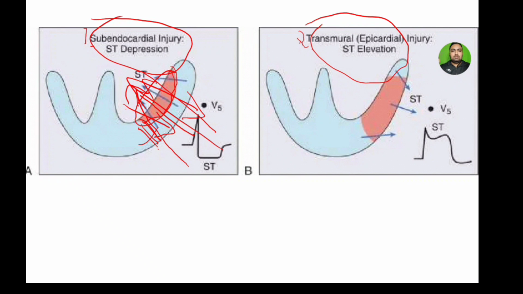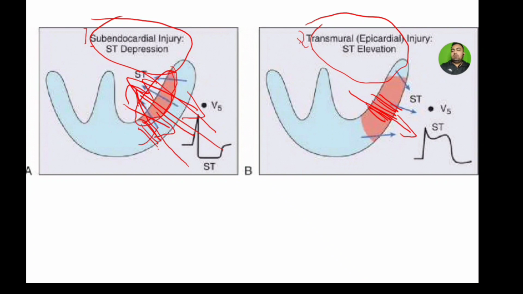What happens in transmural injury? The whole thickness of the myocardium is involved. This whole part is myocardium, and in such injury, the vector comes from inside to outside.